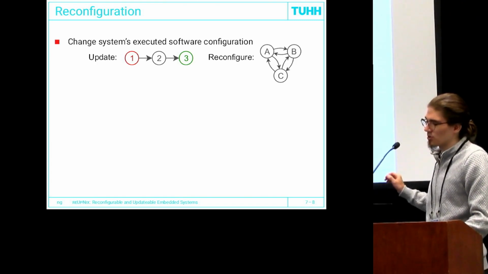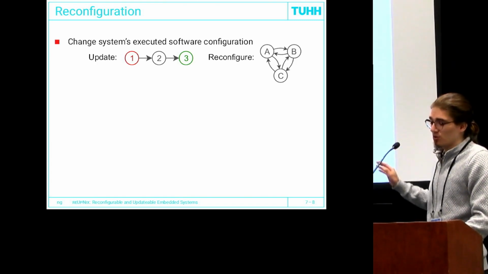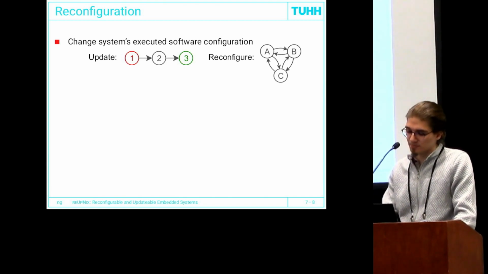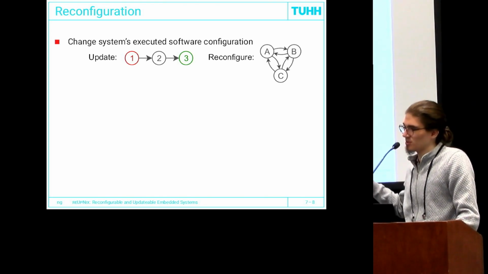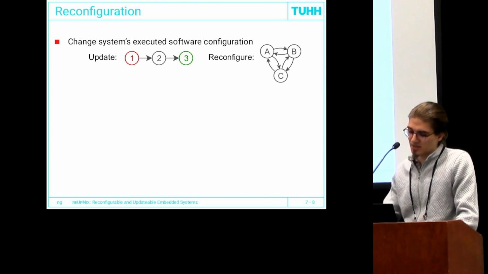Recall that the Nix store can already hold multiple system installations. So to enable reconfiguration, all we need to do is two things. We need to get those multiple systems into the Nix store, and we need to have a way to switch between the systems we have there.